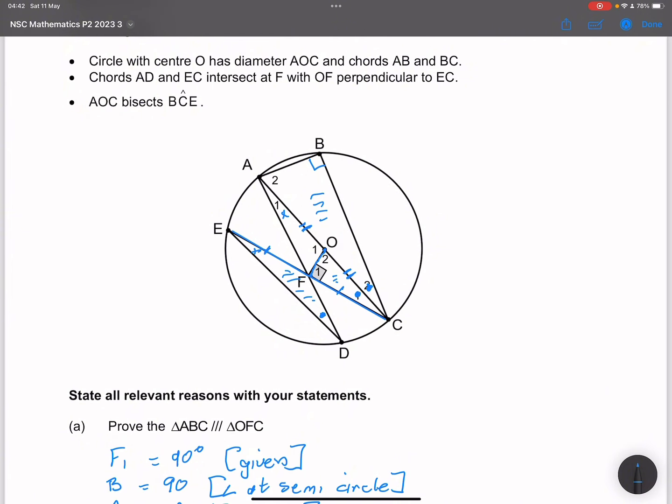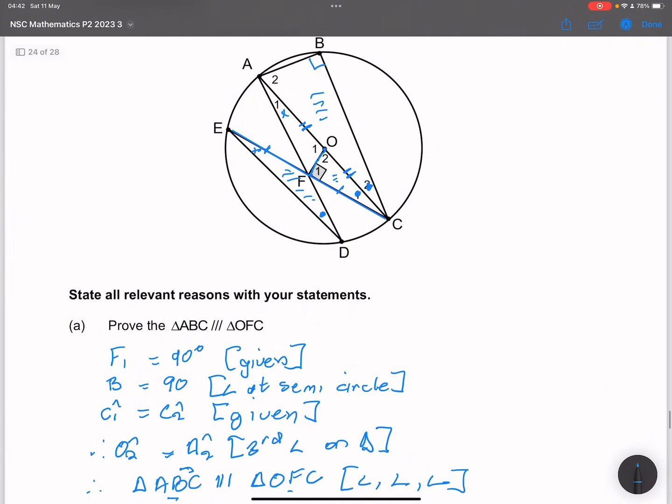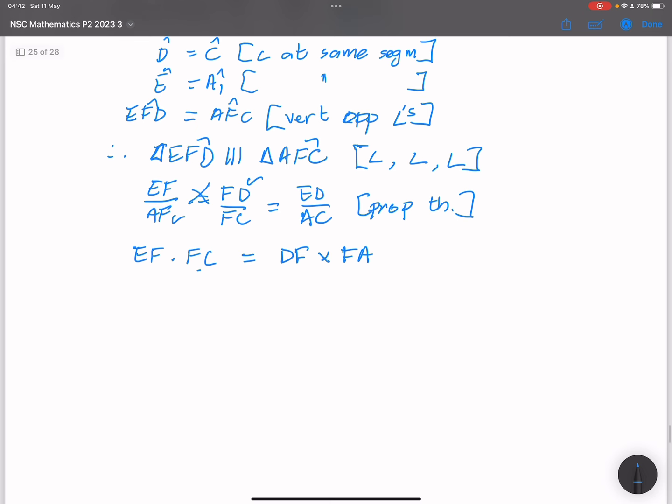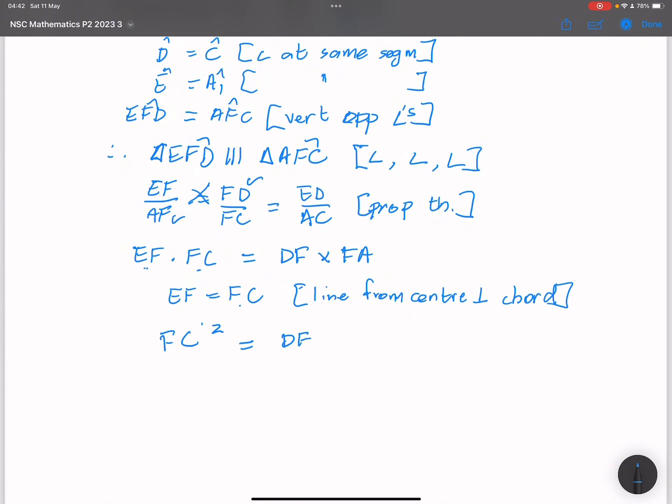So that means that EF is equal to FC. We're going to say line from center perpendicular to chord. And so that means that I can replace that and say this is going to be FC squared. So that means that FC squared is equal to DF times FA.